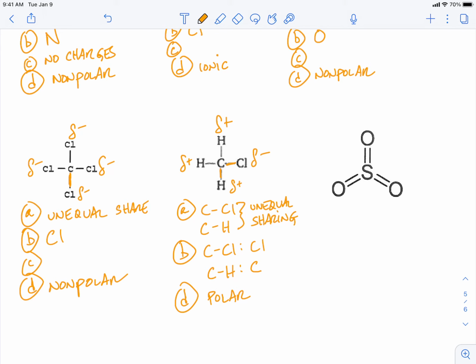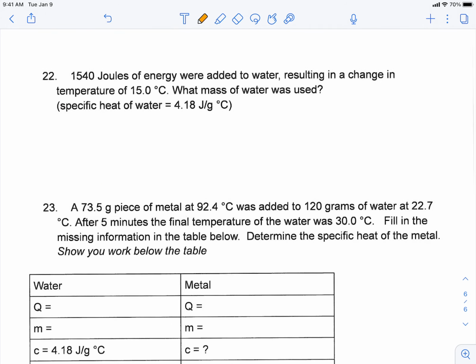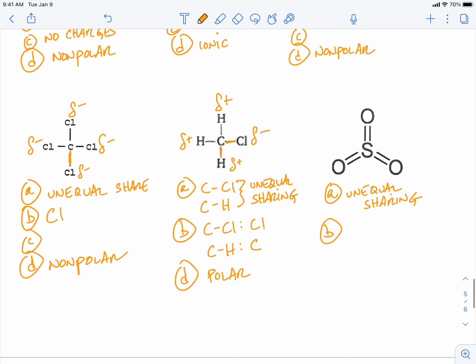All right. Last one, we've got SO3. Again, nonmetals are involved in these bonds, and so we're unequally sharing. They're nonmetals, but they're not the same nonmetal. When it comes to the bond, sulfur and oxygen, they're both in the same family, but oxygen is higher up on our periodic table.